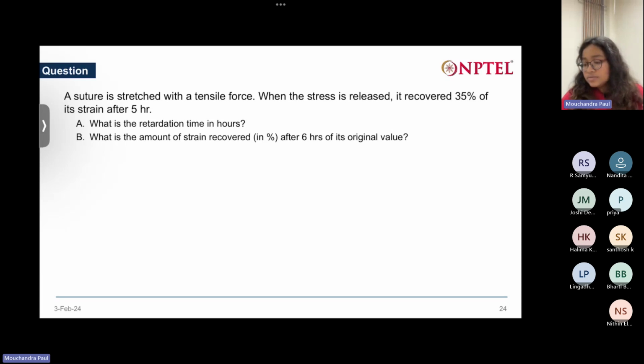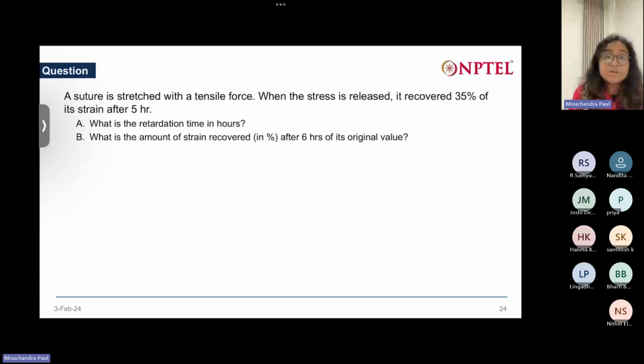Now, this is another question in front of you. It is slightly different from the one we just saw. Here we are talking about creep, the creep phenomena. There is a suture. Sutures are usually made up of polymers.